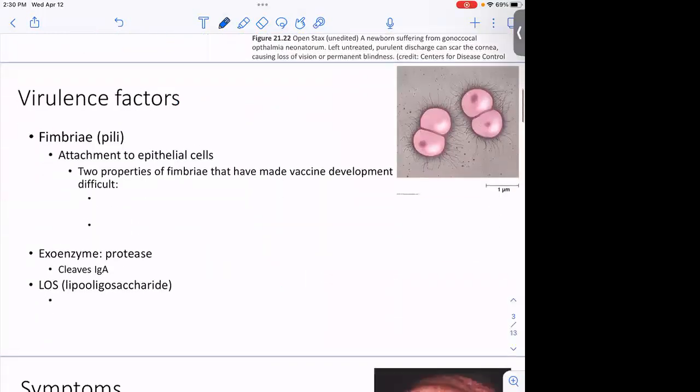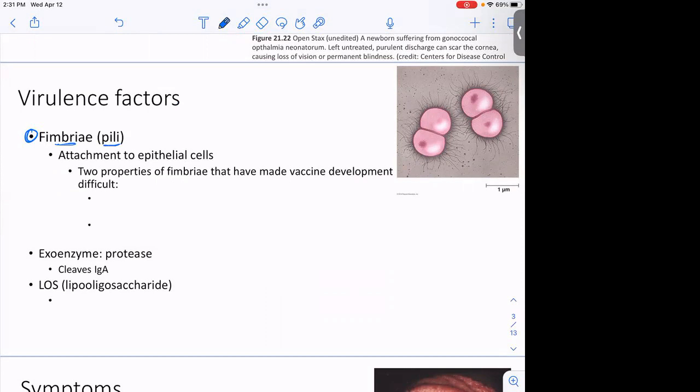All right, so what virulence factors make this organism successful? The big one is fimbriae, and those fimbriae have some kind of unique properties that make it able to persist in the host. Usually we call it fimbriae. Remember, these two terms, pili and fimbriae, are sometimes used kind of interchangeably.